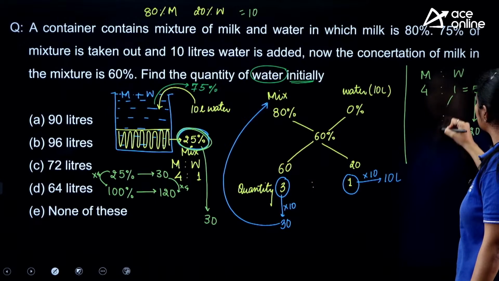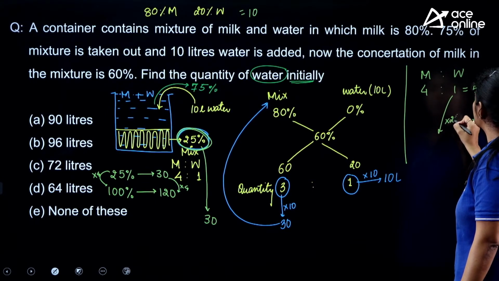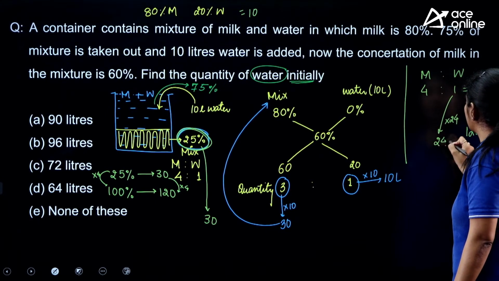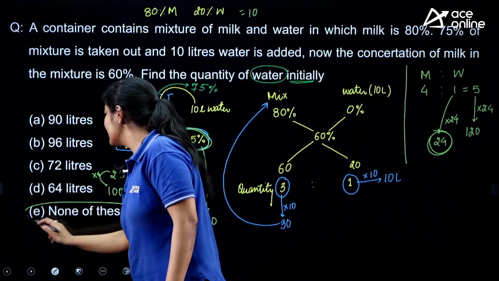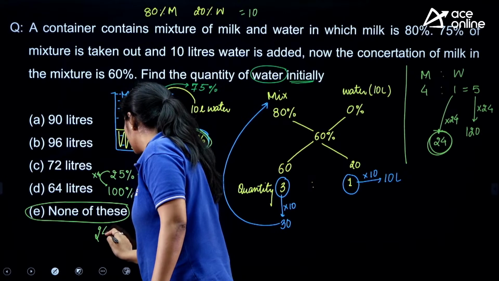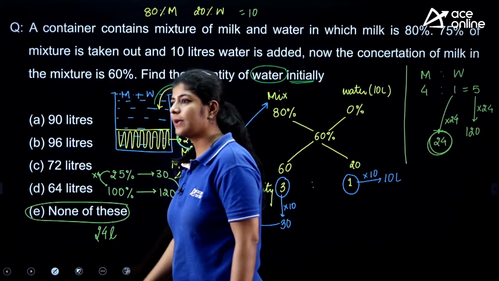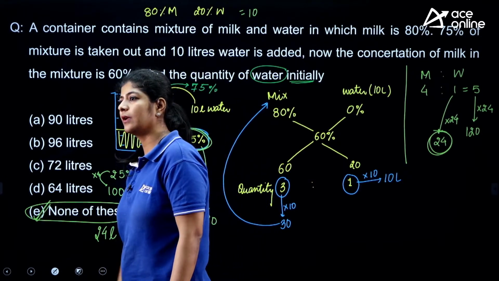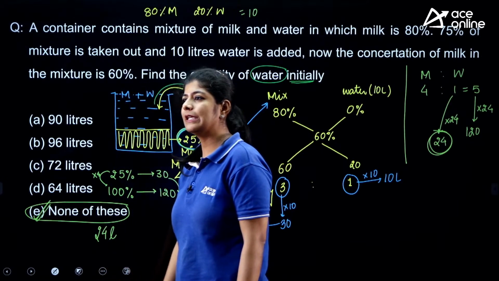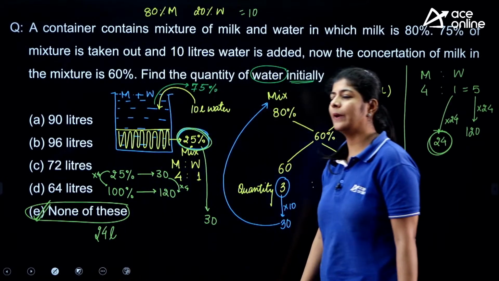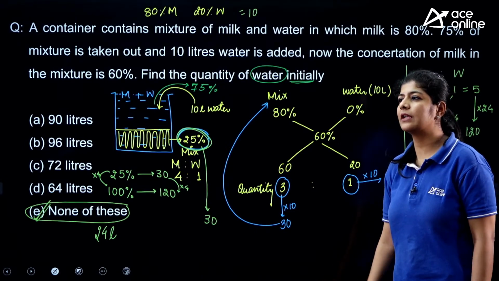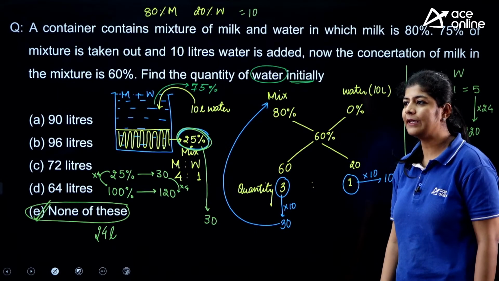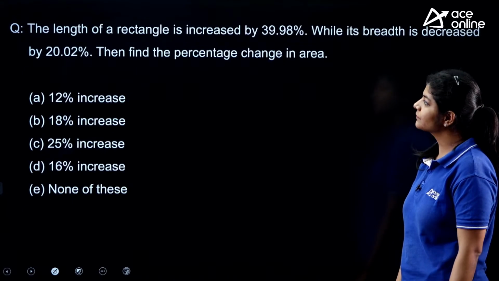So the quantity of water that we are having in the initial level is 24 liters. Option number E is the correct one. Clear? Very good, Ragla. Very good, Radhe. Very good, Smile. Right? Next.